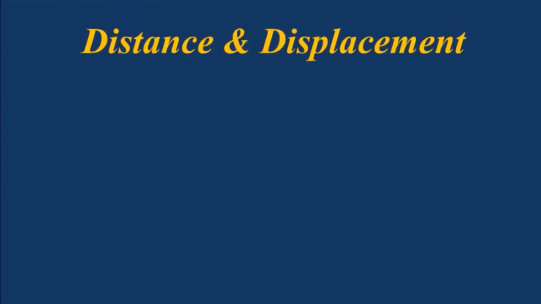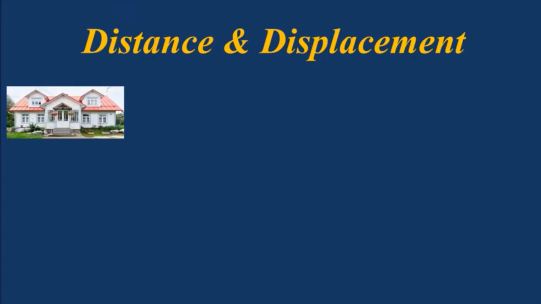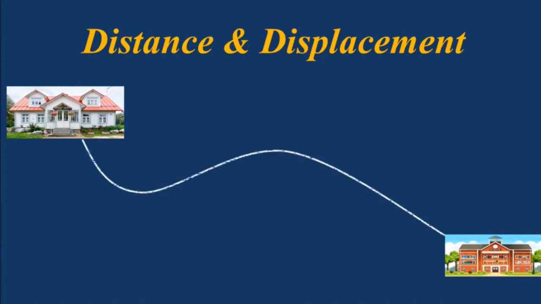Look here, let us know about distance and displacement. Here, two houses are there. Let us observe. This is the path from this house to the second house. How can we know the distance between these two houses?